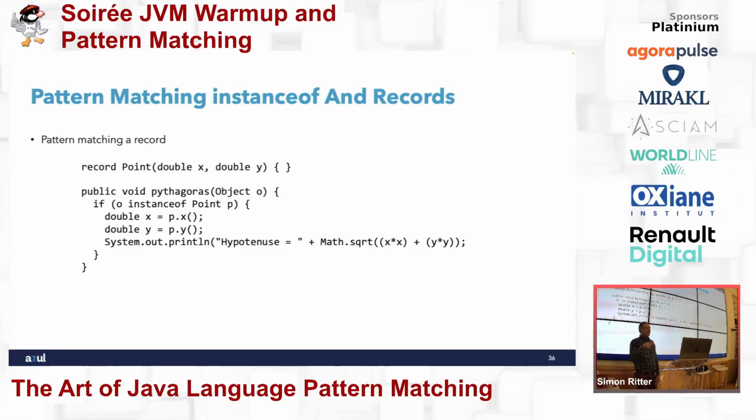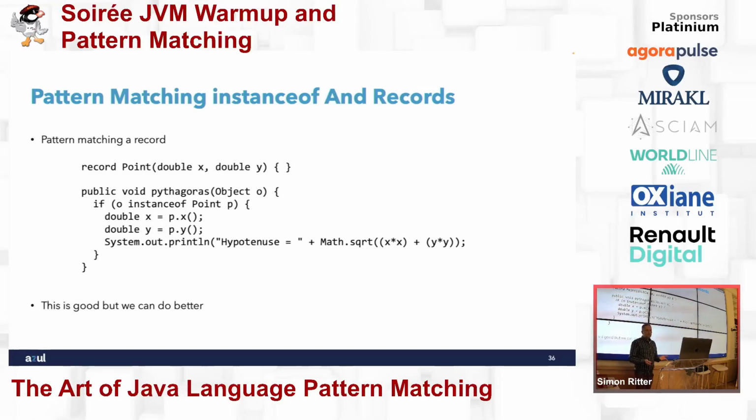Now we can say if o instanceof Point p to test whether we have a type which is the record Point. If it is, we can then call the p.x method and p.y method on the reference p to get the values of x and y, and then we can do the sum of the squares, square root, to get the length of the hypotenuse. Which is good, but we can do better.